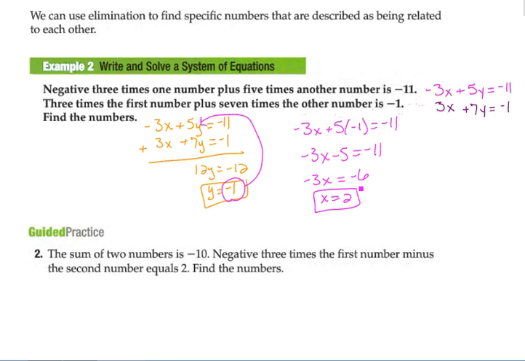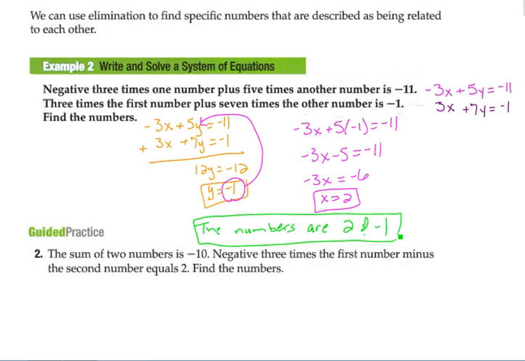So the two numbers are 2 and -1. Let me change my color. The numbers are 2 and negative 1. Good review of translating from words to symbols.